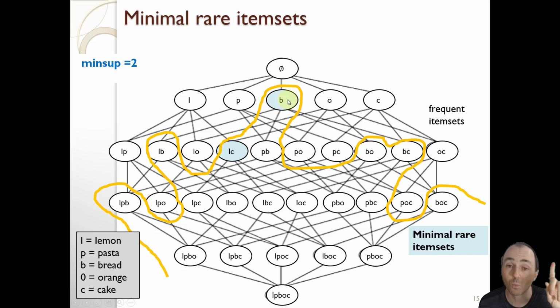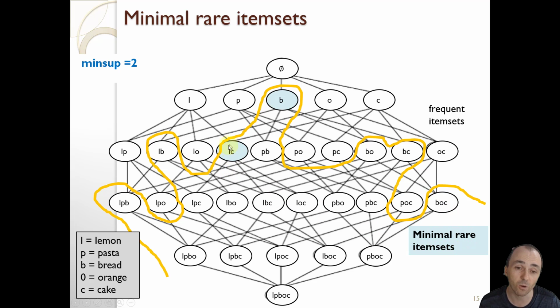It appears only one time, which is less than 2, the minimum. And also, all the subsets of bread are frequent. What are the subsets of bread? There is only one, the empty set, and it is frequent. The empty set, by definition, appears in all the transactions. So bread is a minimal rare item set.